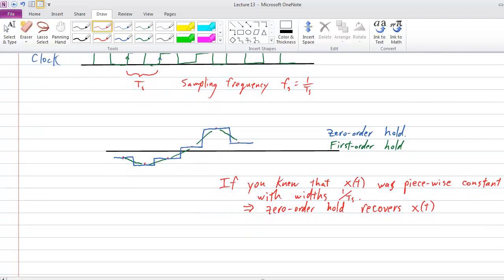Okay, and a very similar thing is if you knew that x of t was continuous and piecewise linear.